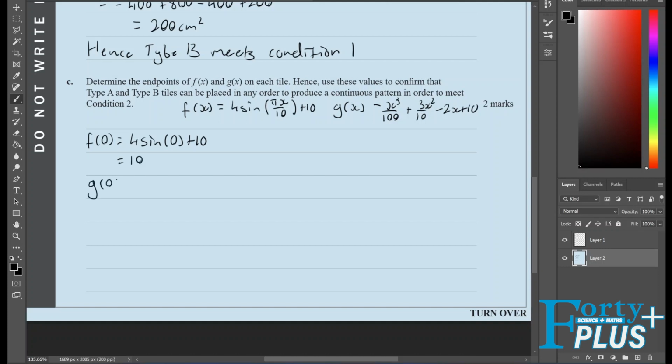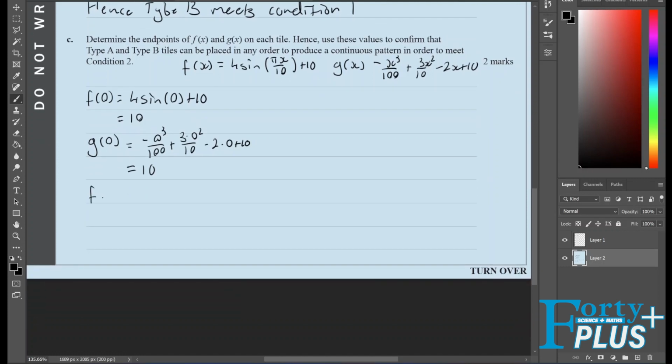And then g of 0, all of those values are going to be 0, so we'll just write them in. Negative 0 cubed over 100 plus 3 times 0 squared over 10 minus 2 times 0 plus 10. That's just going to equal 10.